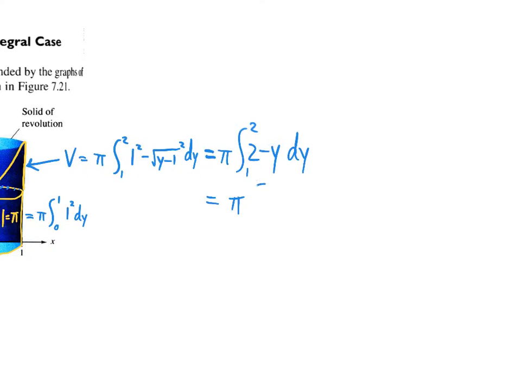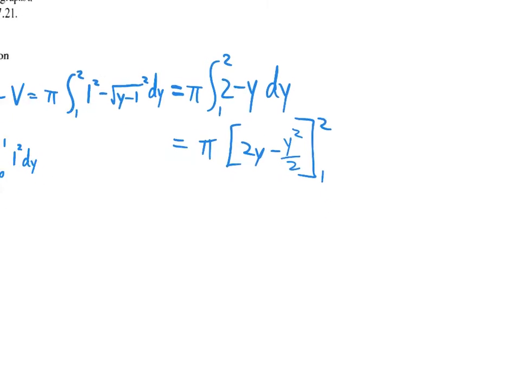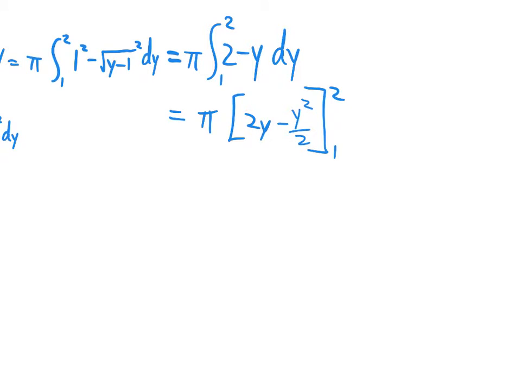Pi times 2y minus y squared over 2, evaluated from 1 to 2. Is there any way we can find a formula for the whole thing, all being separated?